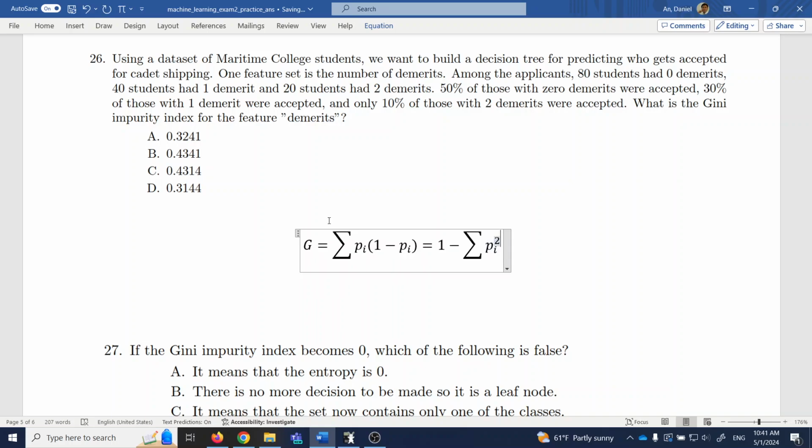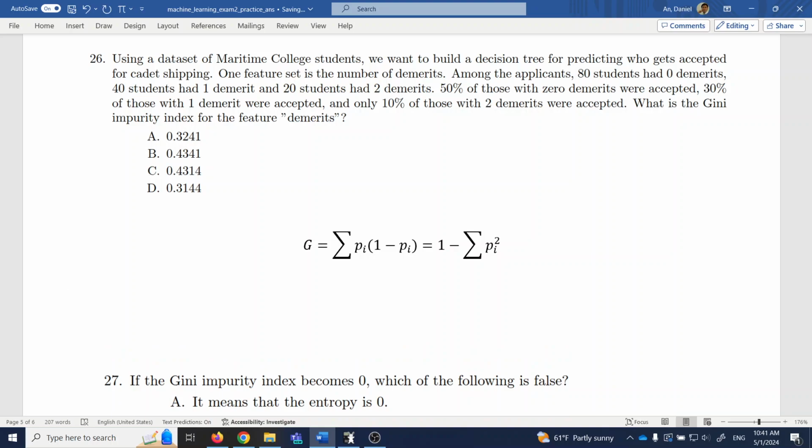Okay, I'll use this second one. We have to calculate the Gini impurity index for each of the 3 cases, and then take the weighted average to get the ultimate Gini impurity index for the entire thing. Okay, so let's try this.